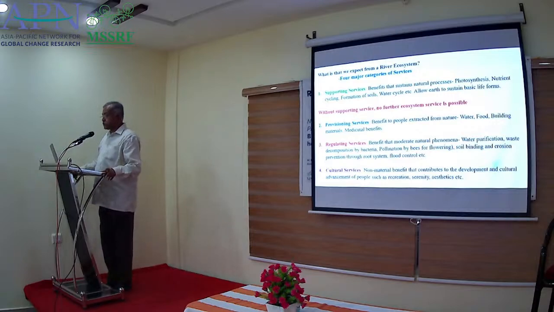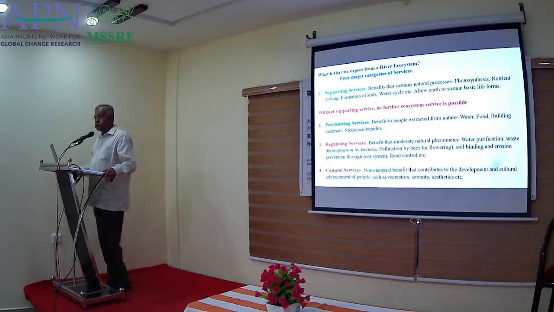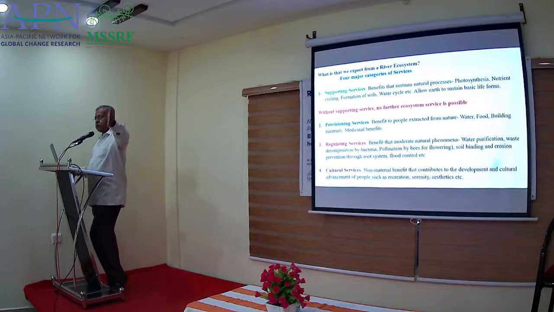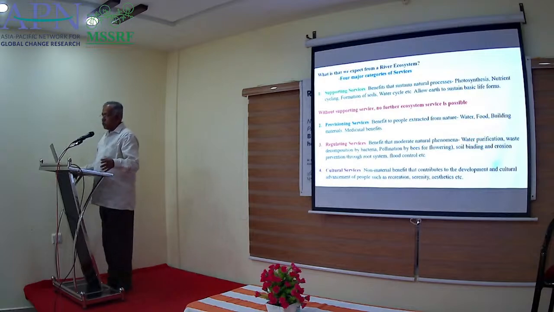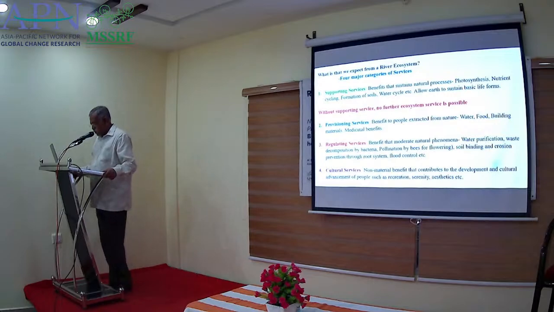And cultural services are non-material benefits that contribute to the development and cultural advancement of people, such as recreation, serenity, aesthetics, etc. When we see a river, those of you sitting here, we always feel that we want to go there and sit for some time, and there is a serenity which provides a very aesthetic sense to us. That sort of recreation aspect is called a cultural service from a river ecosystem.